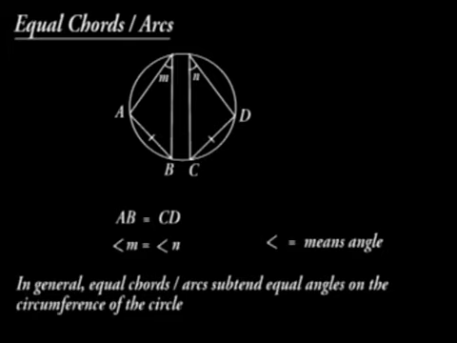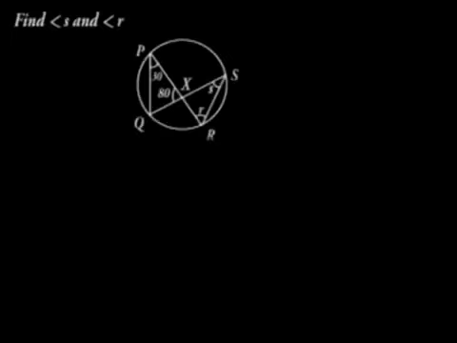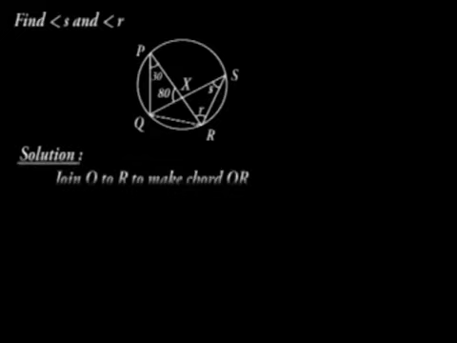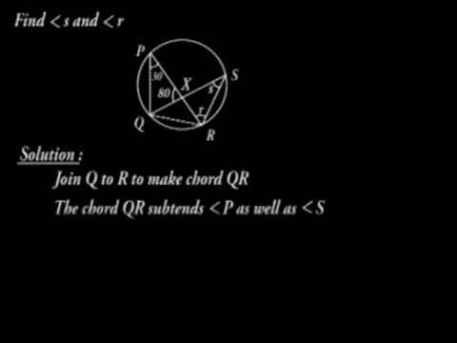For example, find angles S and R in the figure below. In our solution, join Q to R to make chord QR. The chord QR subtends angle P as well as angle S. Hence, angle S is 30 degrees.